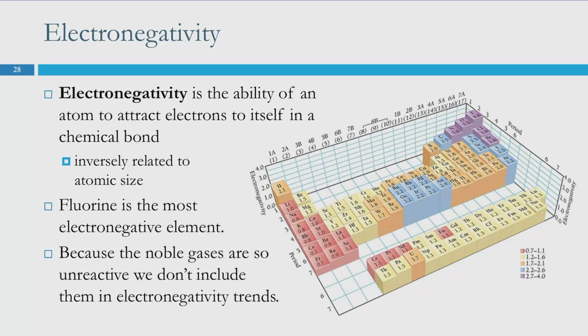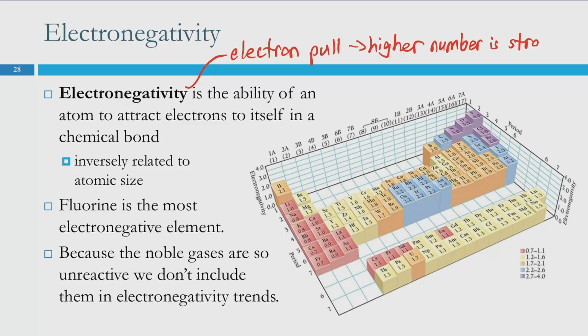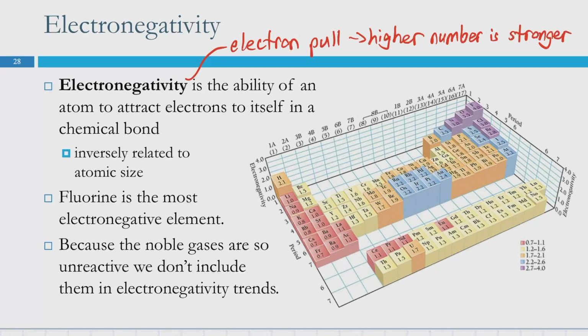Electronegativity is on a sort of arbitrary scale. We can think of it as electron pull. A higher number here is stronger. And we've got another one of those 3D charts.